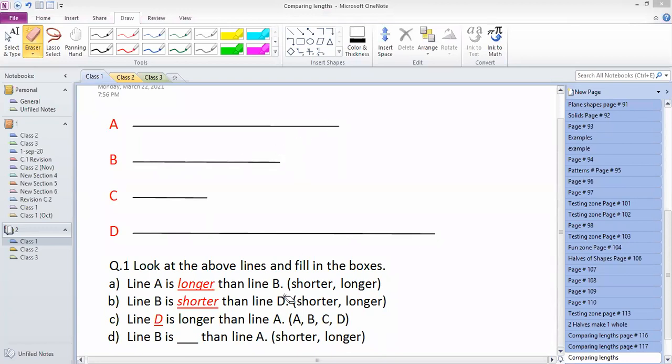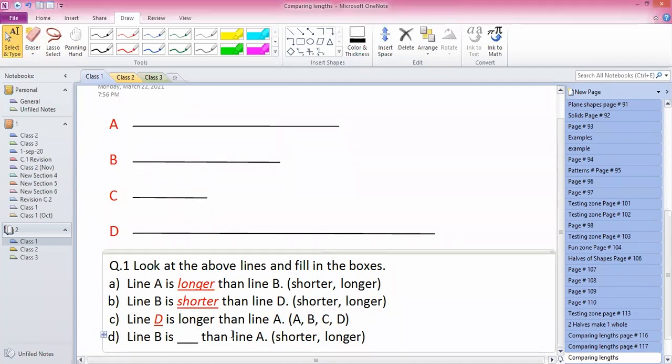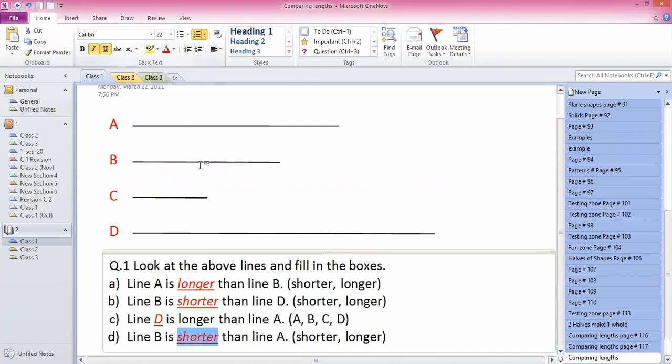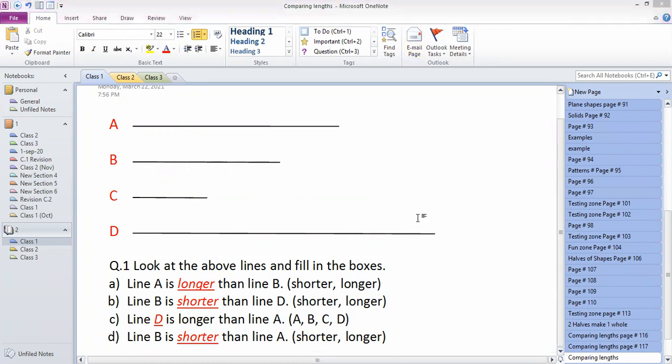So you will write, line B is shorter than line A. Guys, are you writing with me? Yes, sir. That's very good. Now I'm going to write E.